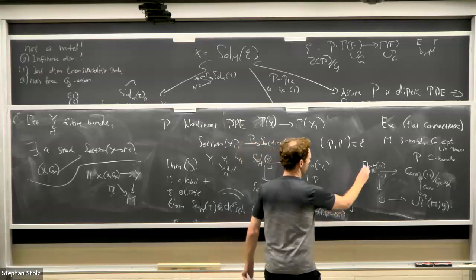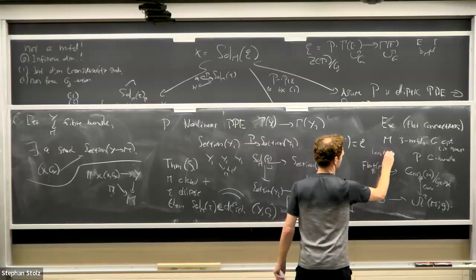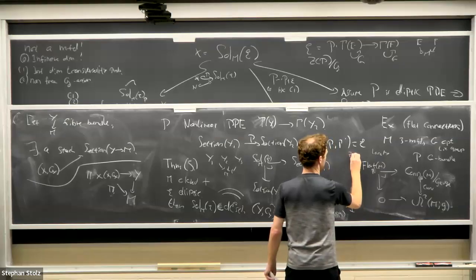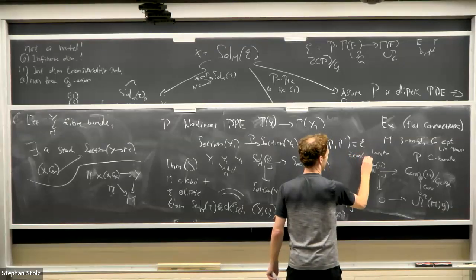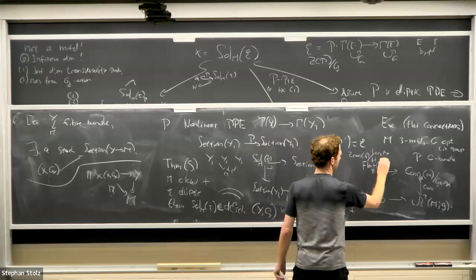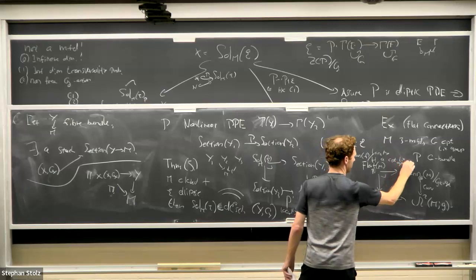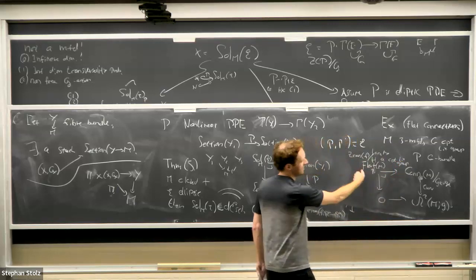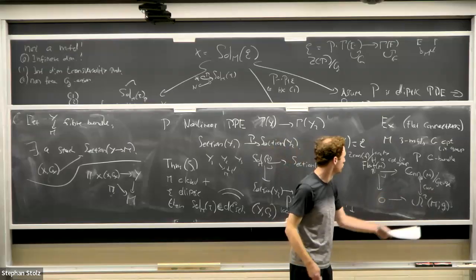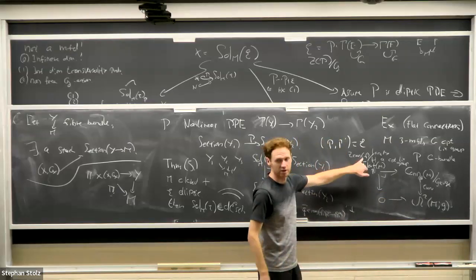But this is going to be locally something like the zeros of a function modulo a compact group. H is going to be the stabilizer of the gauge group at one particular zero.